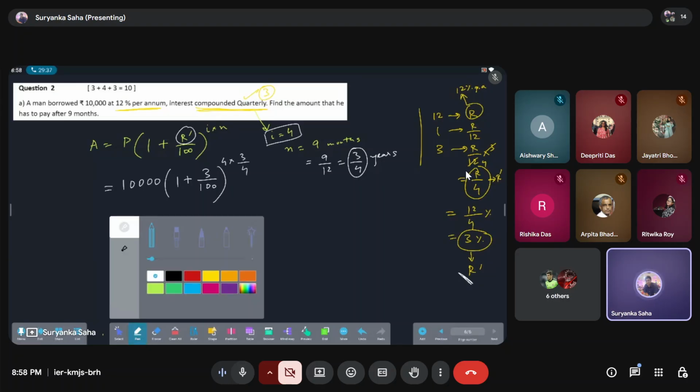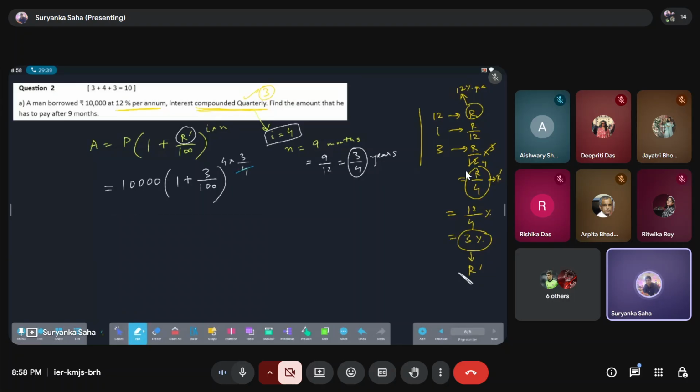So if you cancel it out, 4, it will be only 3. And here it will be 103 by 100 cube. This cube is because of this. I hope it is clear.